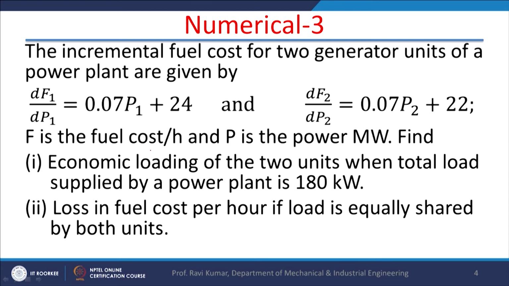F is the fuel cost and P is the power in megawatt. Find the economical loading for the 2 units when the total load supplied by the power plant is 180 kilowatt, and the loss in fuel cost per hour if the load is equally shared by both units. So these 2 things have to be found out from this data.